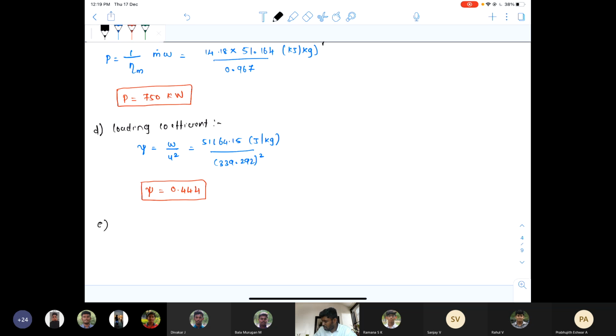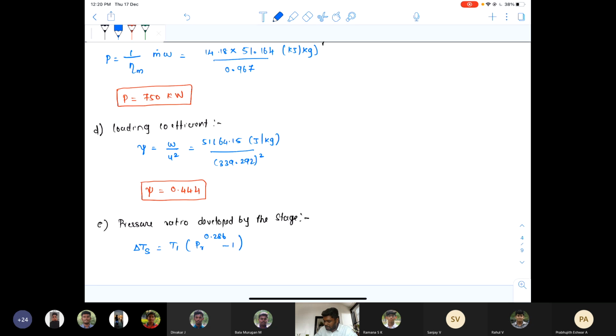This pressure ratio is calculated from an equation: delta T at the stage, delta Ts, is equal to T1 into PR to the power of 0.286 minus 1.